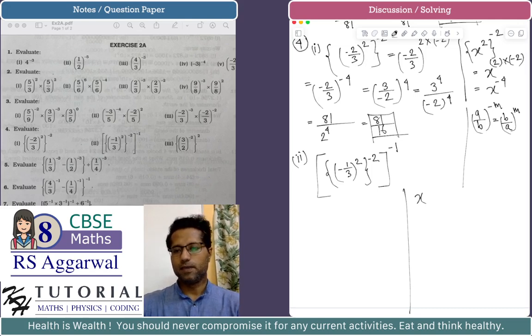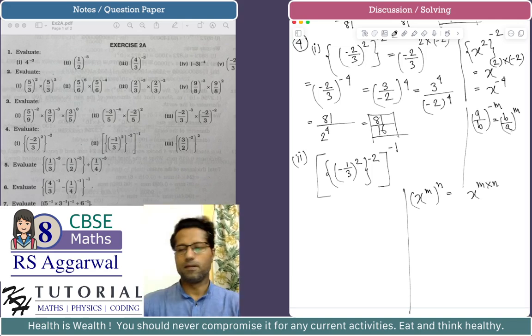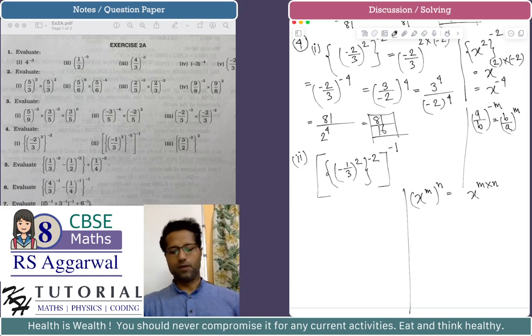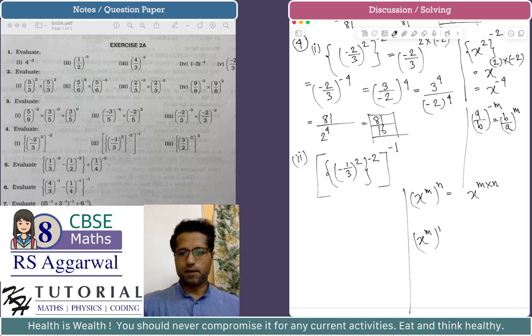law is that x raised to the power m, this whole raised to the power n is nothing but x to the power, you take the product of m and n. Now this applies to any number of levels of powers, that is, let's say I have x to the power m whole raised to the power n, this again whole raised to the power p, this again whole raised to the power q.